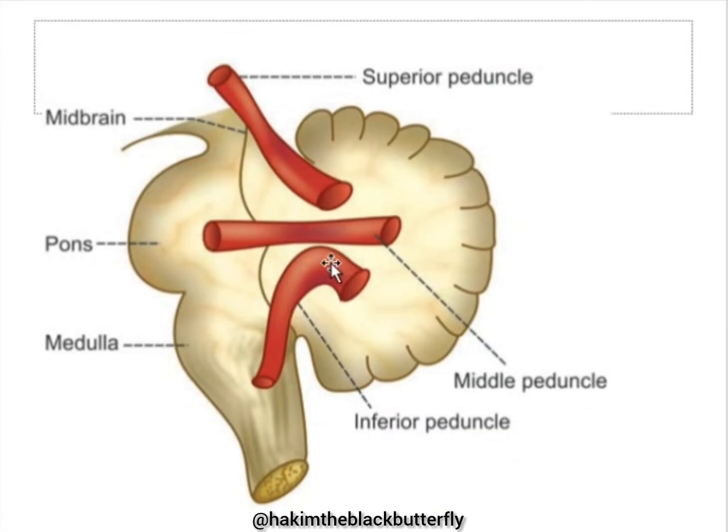The inferior cerebellar peduncle connects to the medulla oblongata up to the spinal cord. Information entering or leaving the cerebellum either passes through the superior cerebellar peduncle, the middle cerebellar peduncle, or the inferior cerebellar peduncle. There is no other route towards or out of the cerebellum except those three.